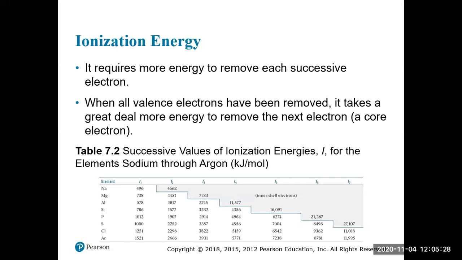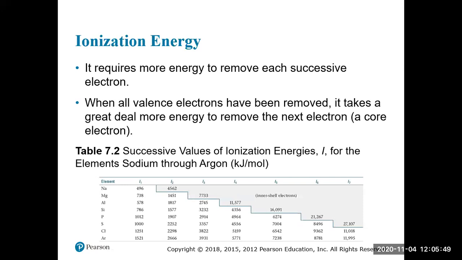Once you get the valence electrons removed and you get to the core electrons, it's even more difficult to get those inner shell, those core electrons removed. And you typically don't do that. You typically are only fooling with the valence shell electrons. And that's kind of a common theme.